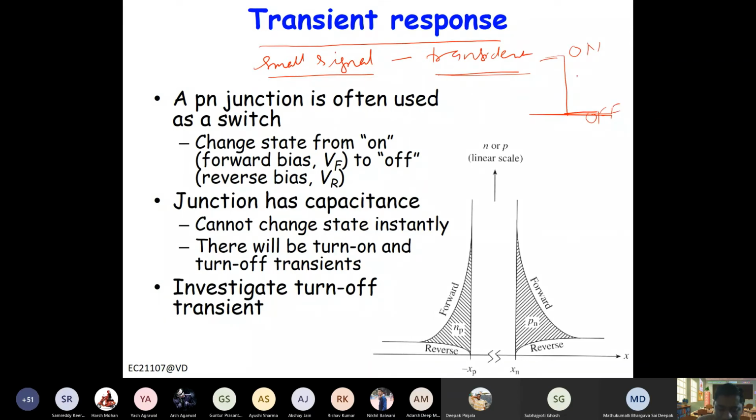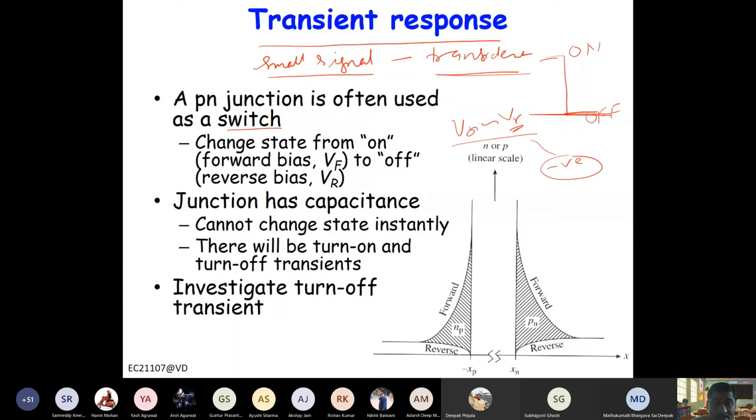So the voltage range can be larger. So if you think of PN junction as a switch, then it is on around VBI, or sometimes written as V gamma, the turn-on voltage, and off at a negative voltage, right? May not be very large, but a decent negative voltage.